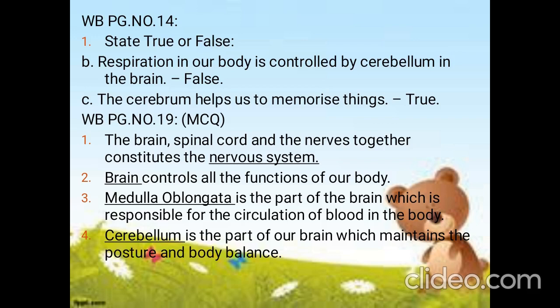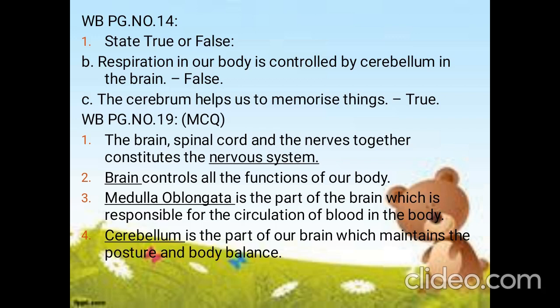That is the medulla oblongata, since it is responsible for heart rate, it is responsible for circulation of blood also. The fourth question: dash is the part of our brain which maintains the posture and body balance. Which part controls the body balance, children? Yes, that is the cerebellum. Very good.